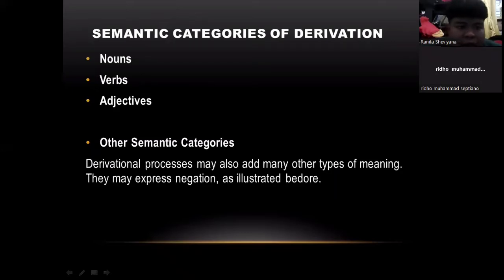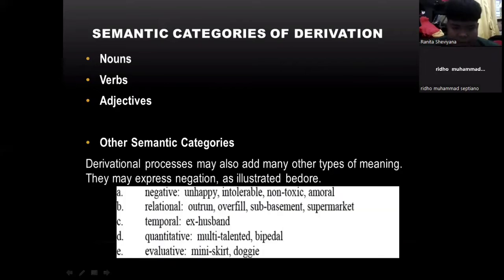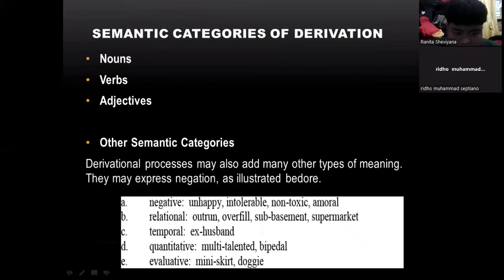Next, semantic categories of derivation. There are nouns, verbs, adjectives. Other semantic categories: derivational processes may also add many other types of meaning. They may express negation, as illustrated before. Okay, this is negative: unhappy, intolerable, non-toxic, amoral.